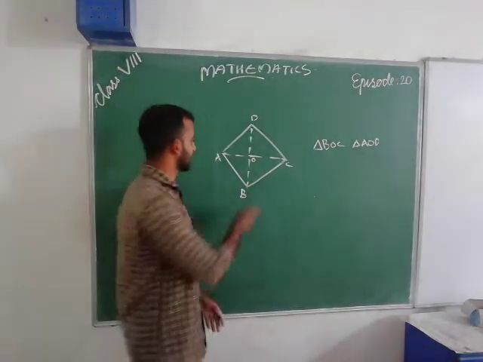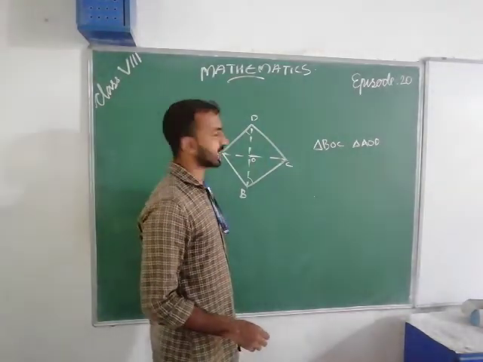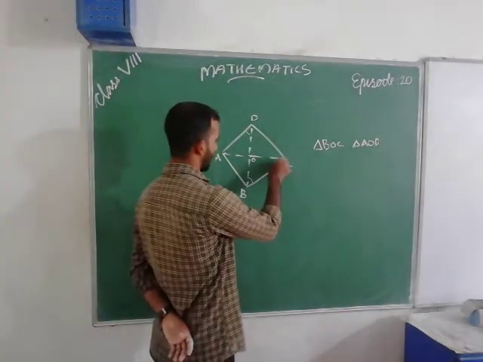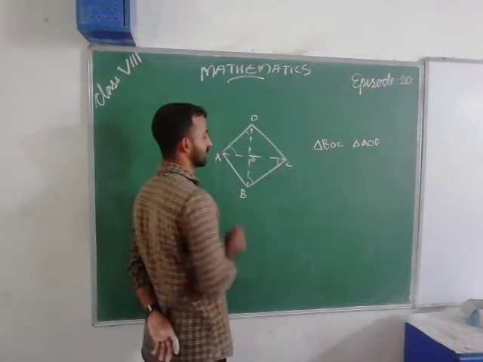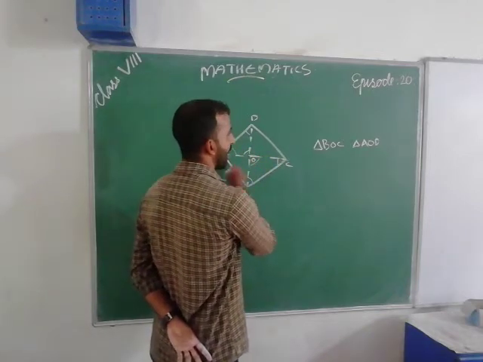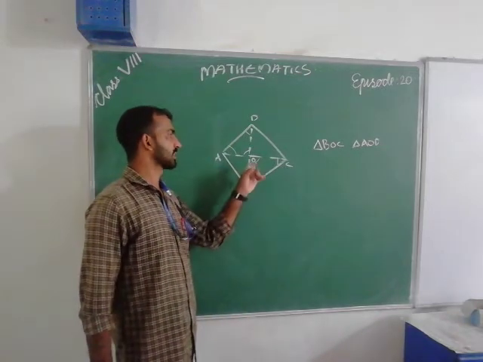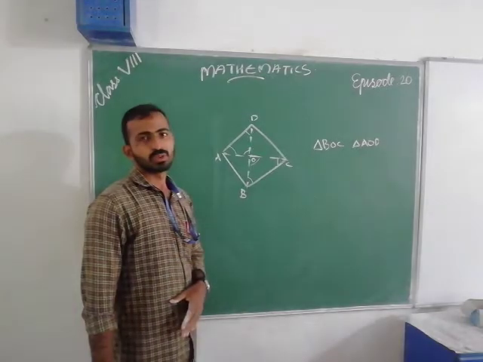Why? This angle and this angle are alternate angles, so equal. This is also an alternate angle, these are also equal, and this is also equal, the vertically opposite angles.